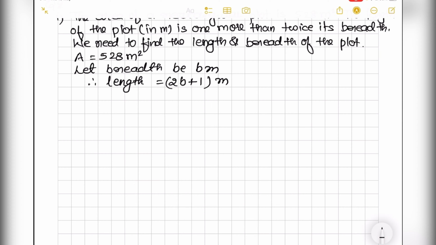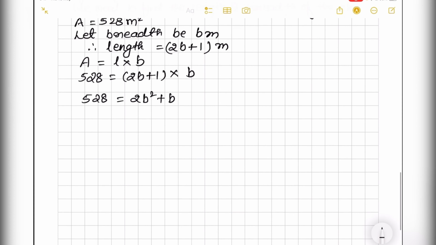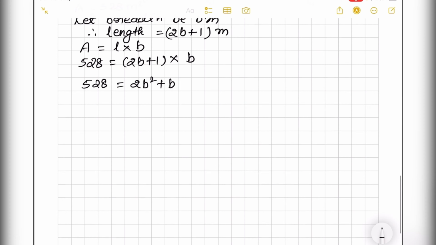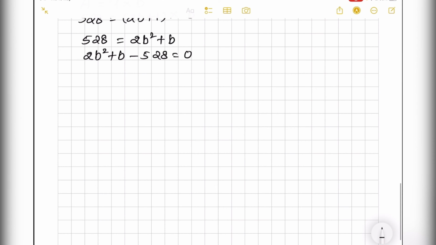Now, according to the situation, area equal to L into B. So, 528 equal to (2b plus 1) into b. So, can I say 528 equal to 2b square plus b? Now, bringing all the things on one side, 2b square plus b minus 528 equal to 0. So, this is the first answer of question 2.